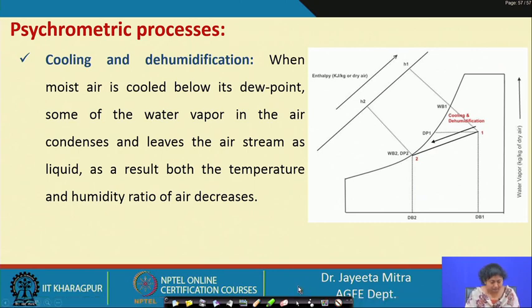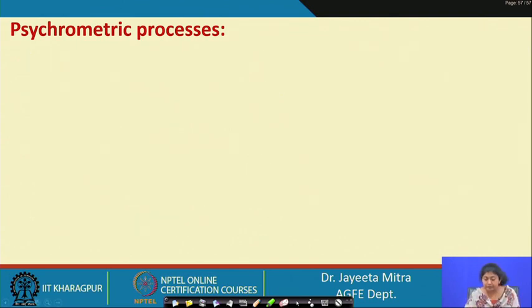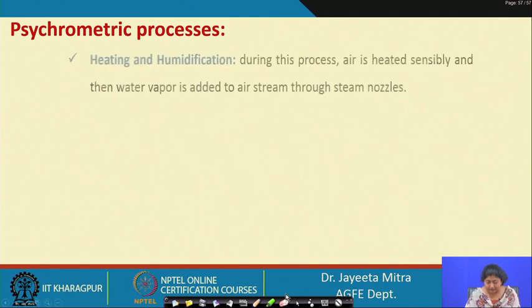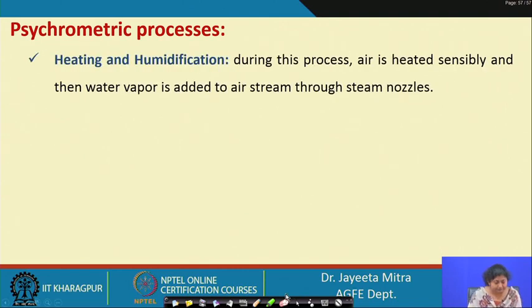This kind of phenomenon we can observe in air conditioning systems, although in our case, when we perform the drying operation, the air has to take the extra moisture of the food. So most of the time we are interested in the humidification of the air and the drying of the product.